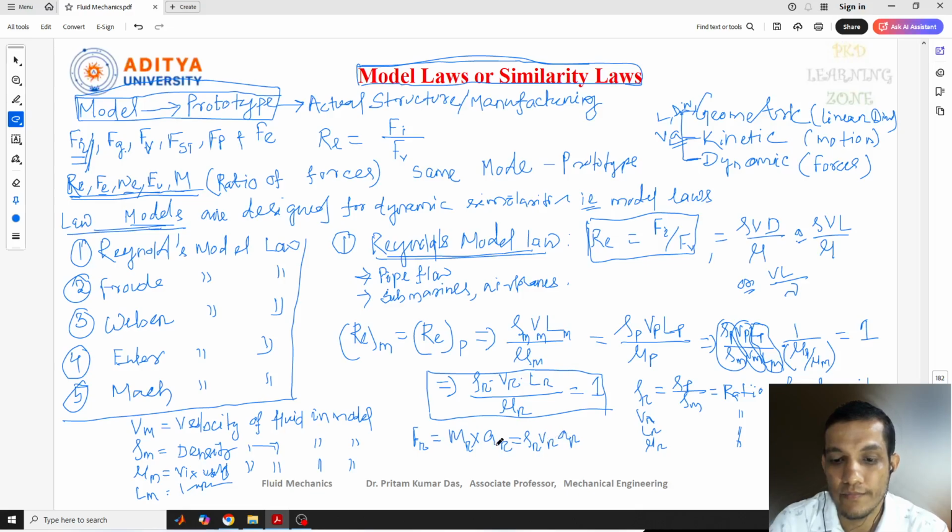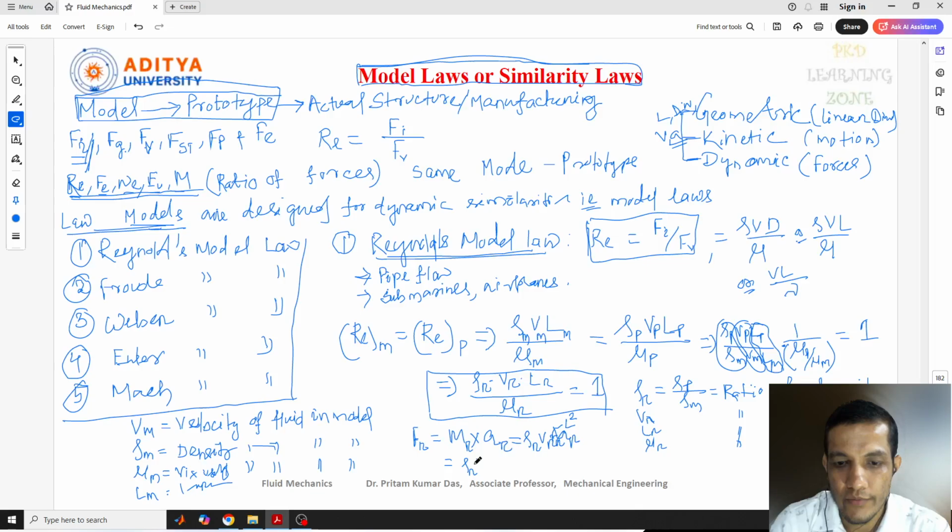For acceleration, again we can write the area ratio ar. This is the terminology. Again, we can convert this in terms of rho r: area equals length squared. Actually rho v I have converted into this, with area as a value here.